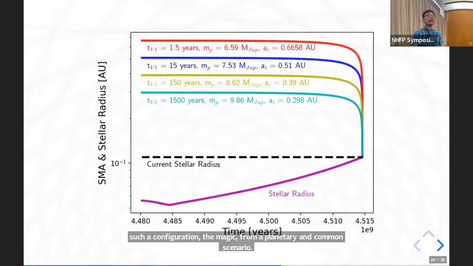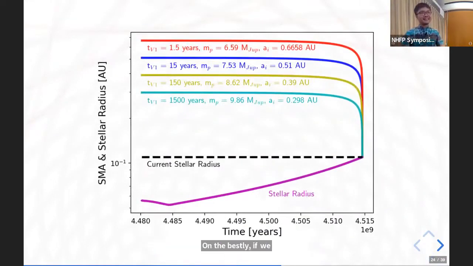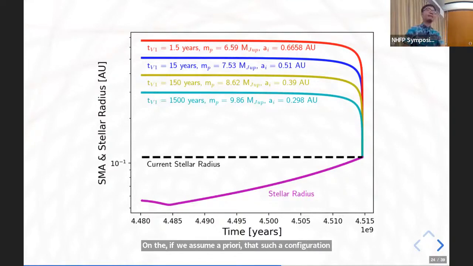Conversely, if we assume a priori that such a configuration was produced from an engulfment and attempt to solve for the companion mass and orbital separation that is consistent with the observed amount of angular momentum in the system, it turns out that the primary source of uncertainty in such an estimate is the viscous damping timescale, shown as T_V1 in this figure.